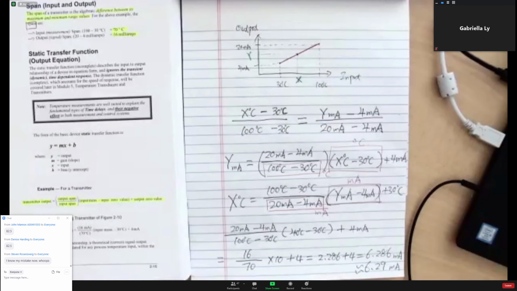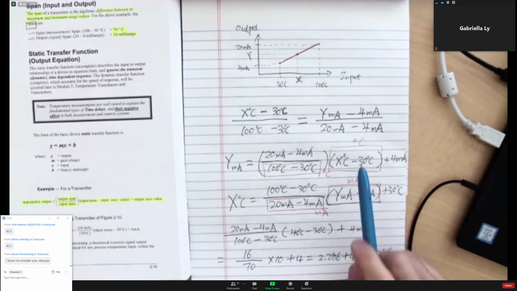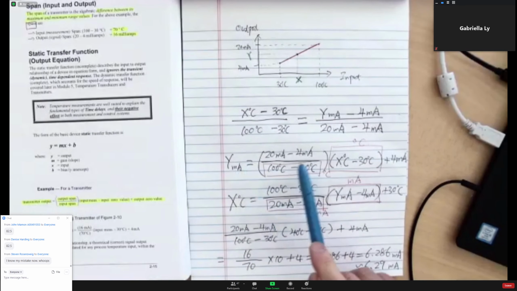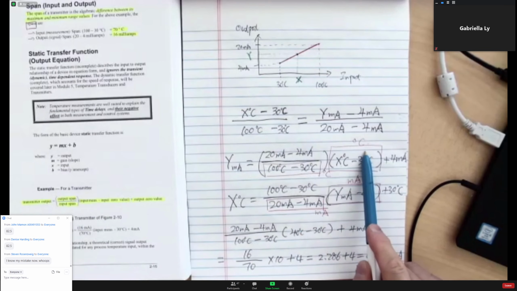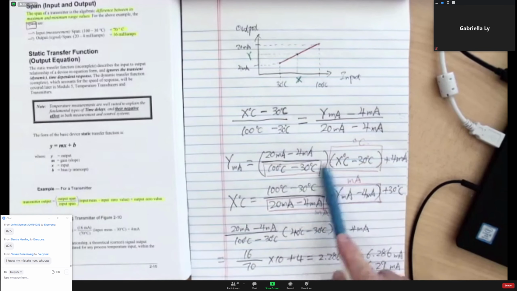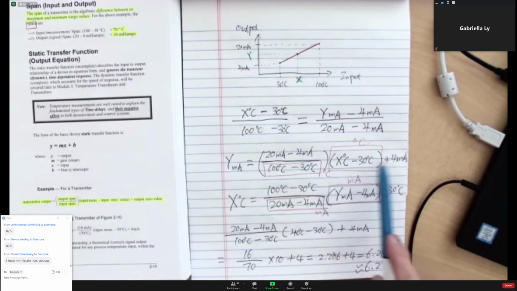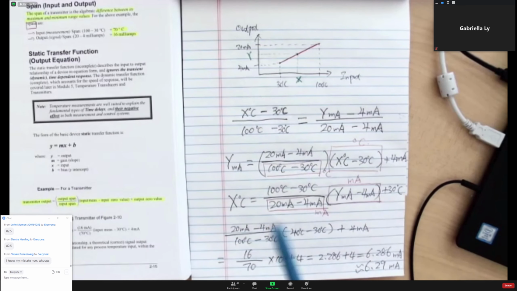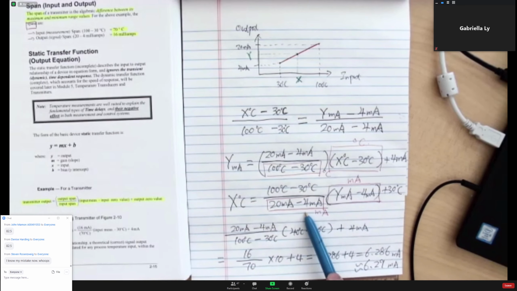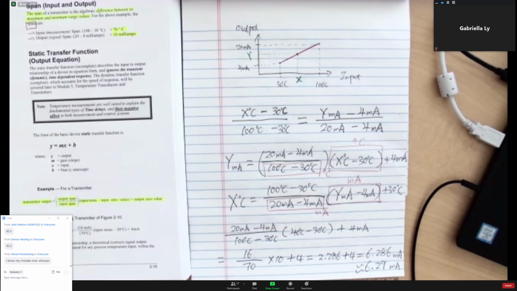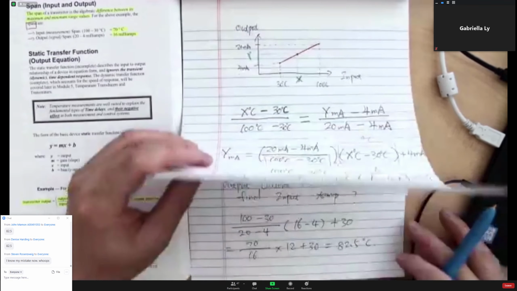That makes sense? Because if we want to try to find the milliamps, the top is milliamp. This temperature and this temperature, they're gonna cancel each other out, left us with the milliamp only. If we want to find the temperature, the milliamp gonna get canceled out. We're gonna left with the temperature only. So do not make those type of mistake, okay?